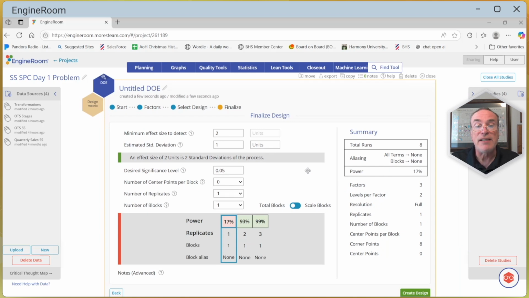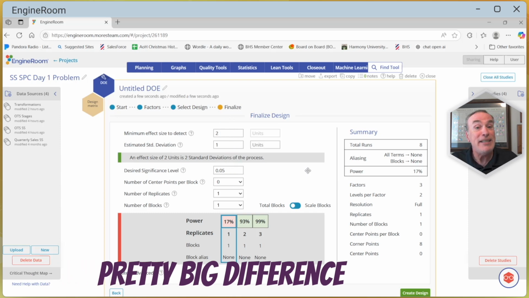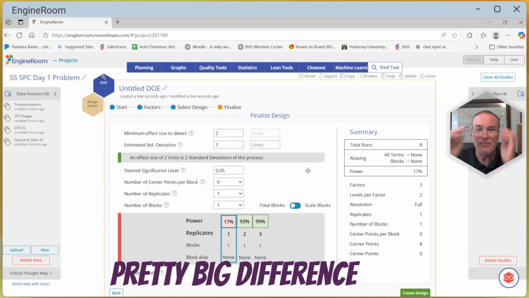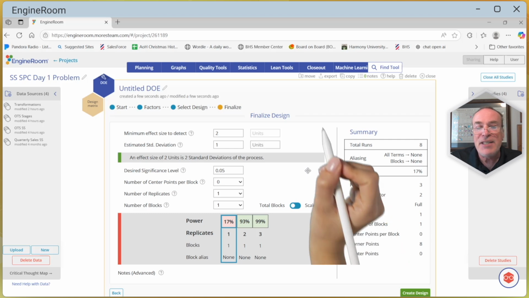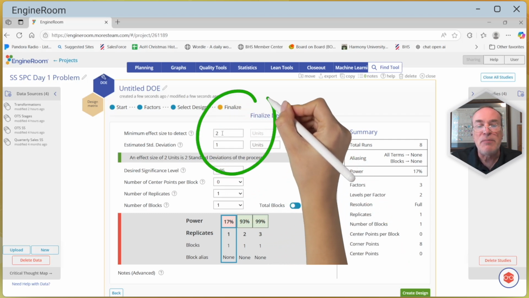And so immediately, without doing anything on this worksheet, it tells me if I run one replicate, I have a power of 17%. But if I run 2, I have a power of 93%. That's a pretty big difference, right? But that's based upon the inputs that we put up here.